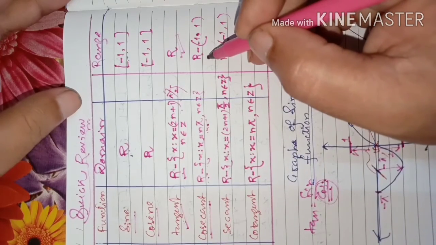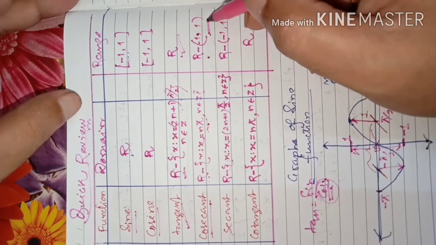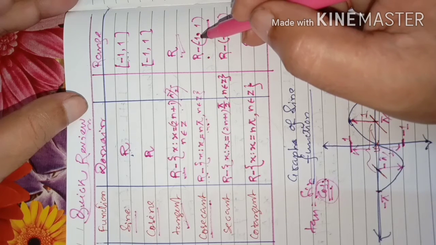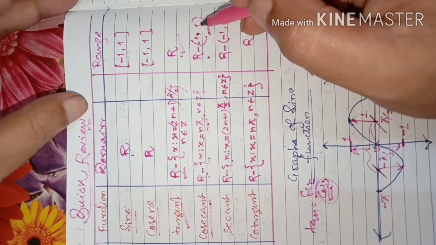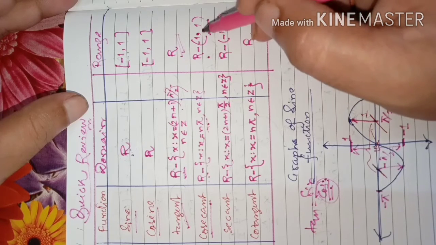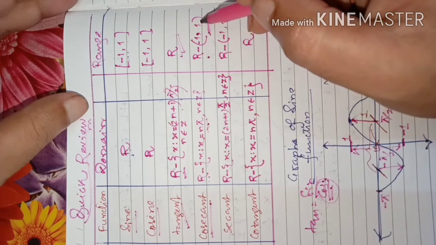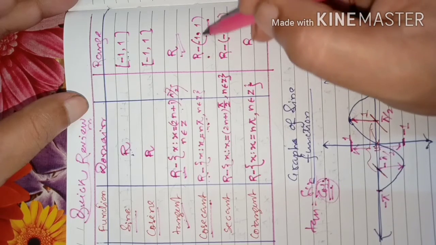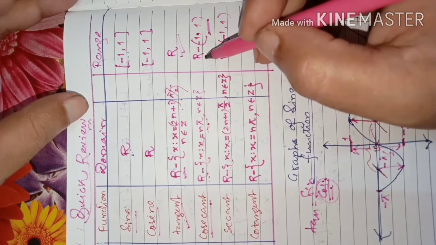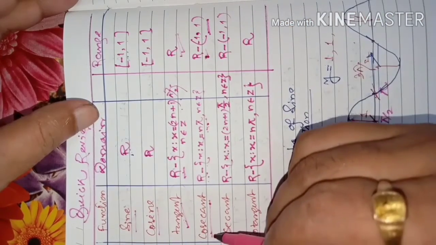So the range is all the real numbers except the numbers between minus 1 and plus 1. Minus 1 and 1 will be taken, but all the numbers strictly between them will be removed from the set of real numbers. That is the range of the cosecant function.